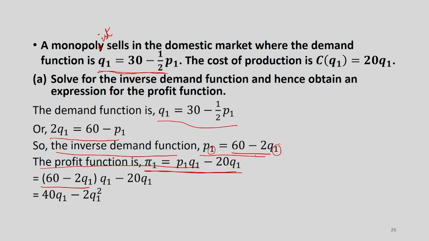So, I am using P1 multiplied by Q1 and minus the cost, which is 20 multiplied by Q1. So, this is simplifying to be 40 Q1 minus 2 Q1 square. So, this is the profit function pi 1.